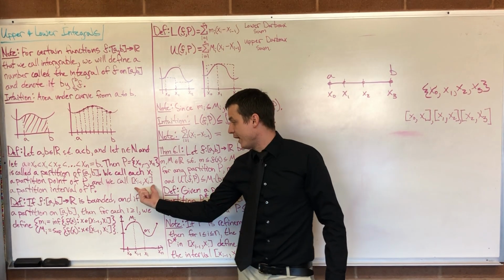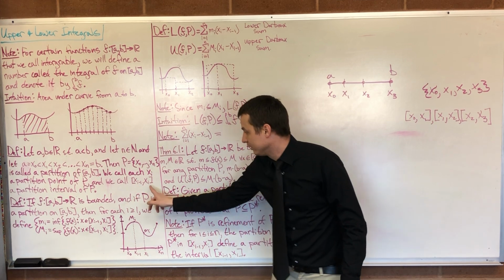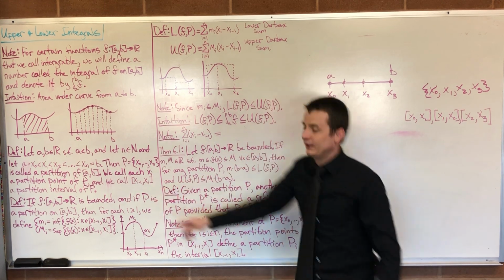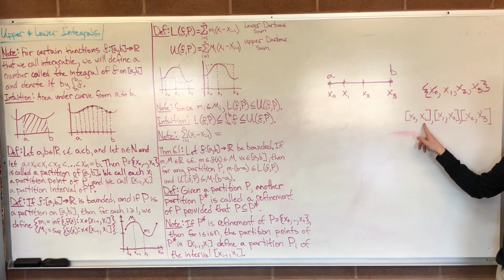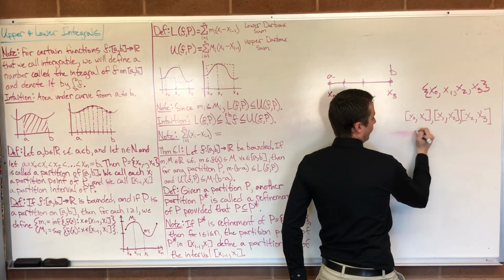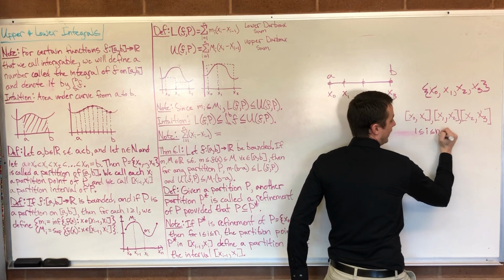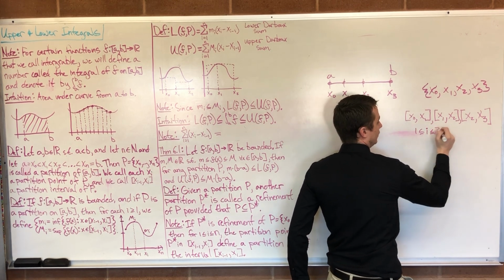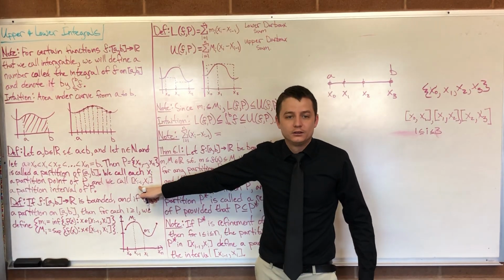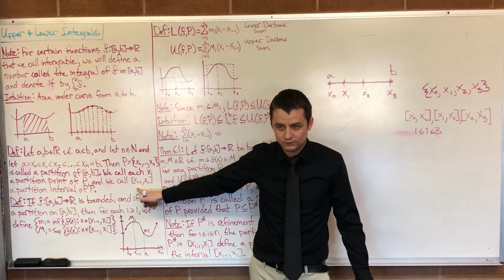Notice that these are only defined for i greater than or equal to 1 and less than or equal to n. You can't plug 0 into that, because then we get x sub negative 1 to x sub 0. That doesn't make sense. Our first one is x sub 0 to x sub 1. So the same way that this is only defined for 1 less than or equal to i less than or equal to n, in our case 3, these are only defined for i greater than or equal to 1 and less than or equal to n.